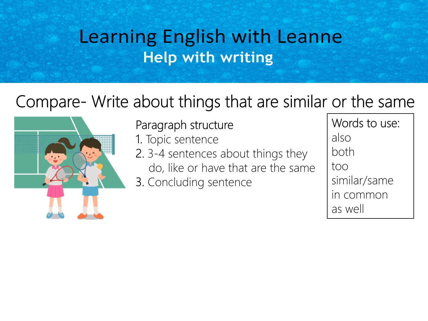So a good paragraph has structure, and these three things are really important for us to do and to use in this same order. So first is a topic sentence. So what are we writing about? So we've got the picture of these two people. So I've introduced these people, Jane and Tom.